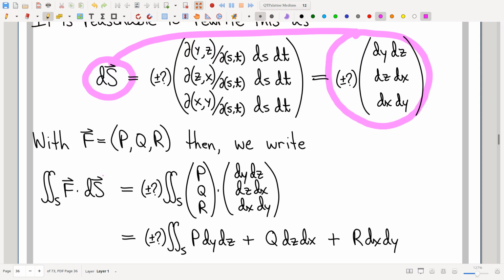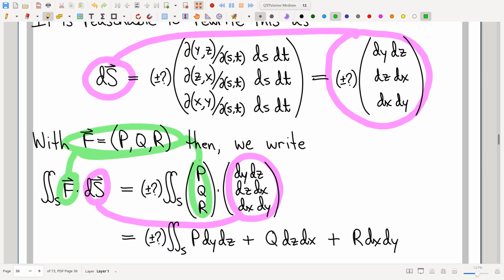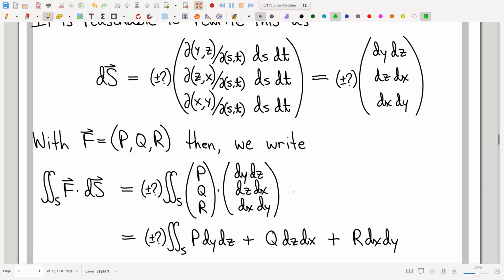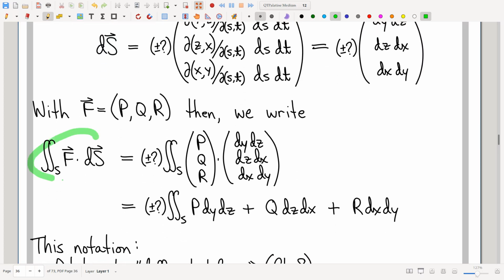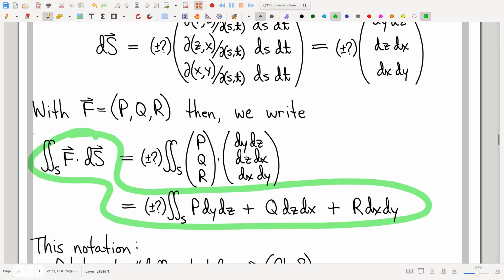Because we can just plug that in here. Right? This is why, if I can justify calling this dS, then I can justify plugging it in. And as usual, if your vector field has some certain coordinates, you plug that in too, and then you write out the dot product, and we've got ourselves another new notation for vector surface integrals.